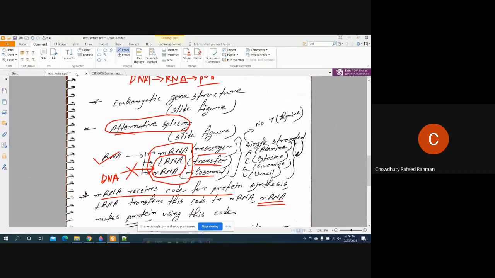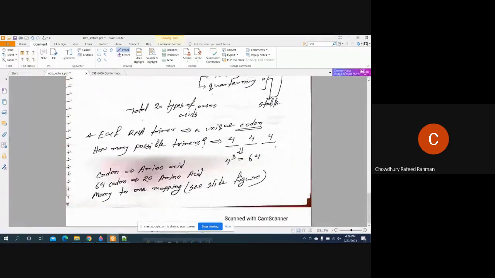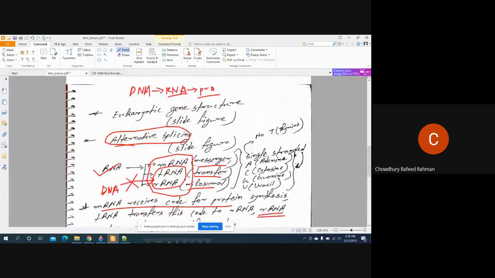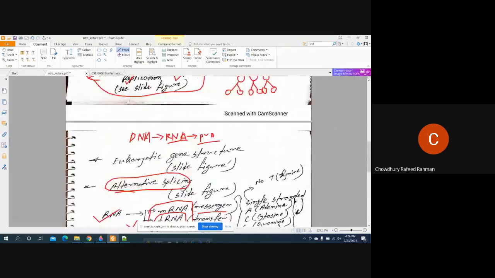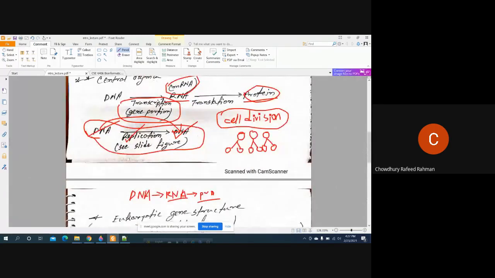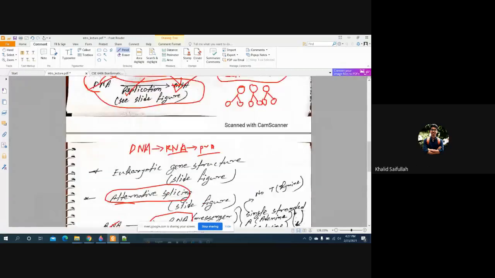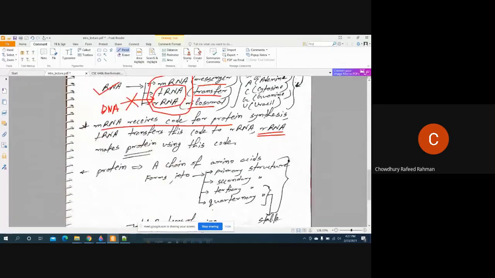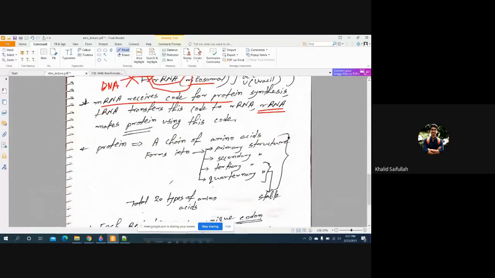So now the final thing in this lecture is the protein. I did not talk much about protein. Sir, does the creation of mRNA happen in the body, or is it an explicit thing?